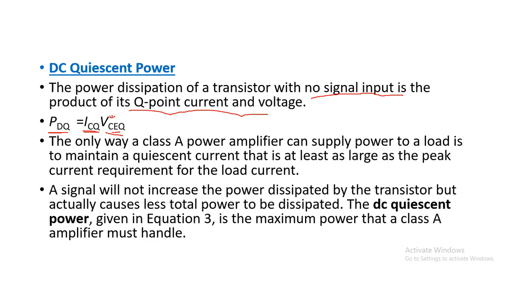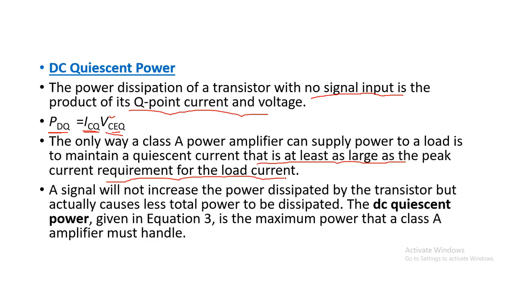By multiplying these, you get the DC quiescent power. The only way for a class A amplifier to supply power to a load is to maintain a quiescent current that is at least as large as the peak of the current requirement for the load current.